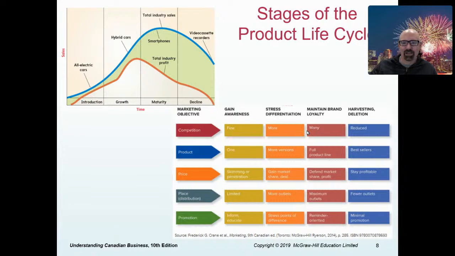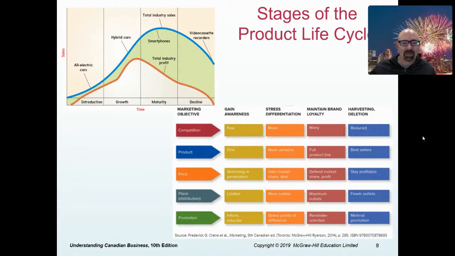And then when there is lots of competition, we want to maintain our brand loyalty. And harvesting and deletion refers to the end of the product life cycle, where we want to milk it for as much as we can get. Eventually we will see our competitors drop off. We might even drop off, and somebody else may continue.